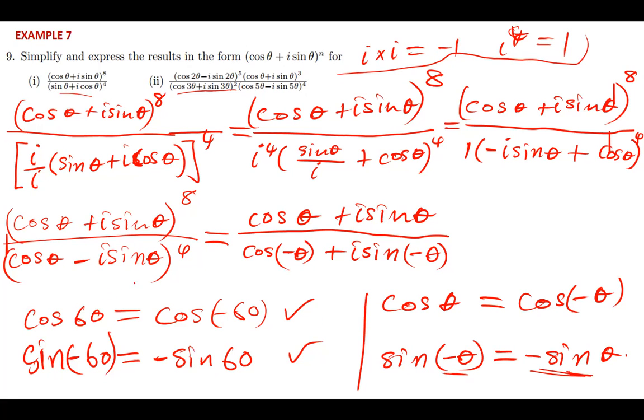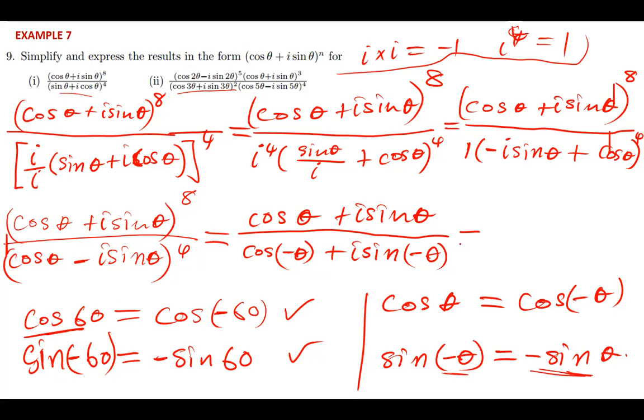But for cos, it will look abnormal because when we push the negative inside, it will be cos negative theta. But we know that even if we write a negative in front of theta, the answer will still be positive. Even if we add a negative in front of 60, the answer will still be positive. So for cos, it's also okay to write it this way. I hope you've gotten the point.